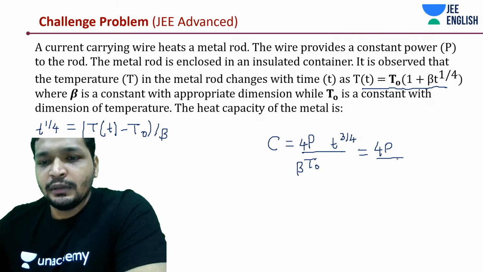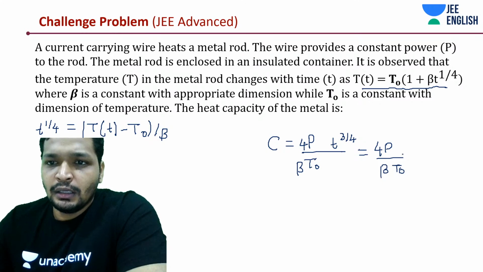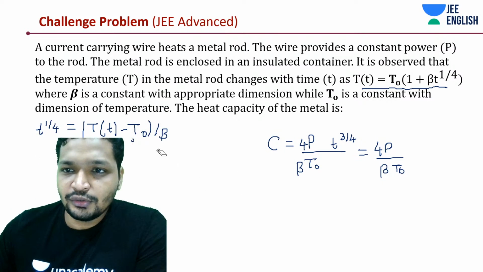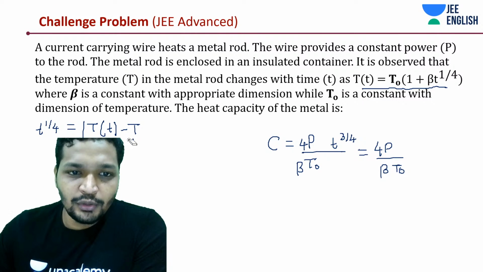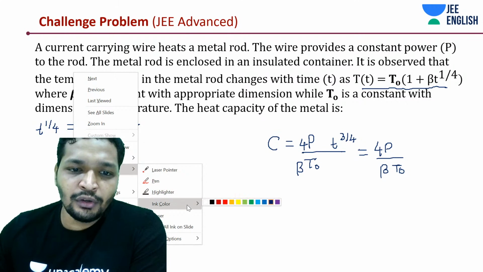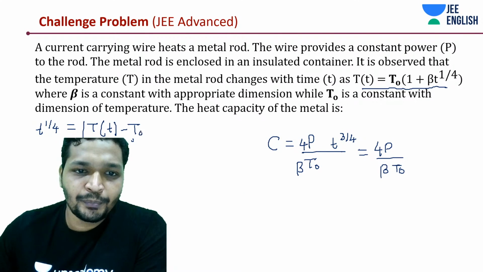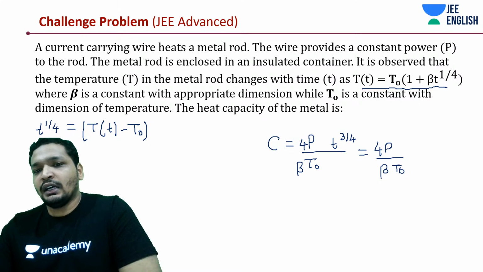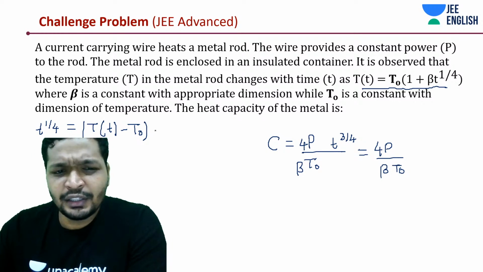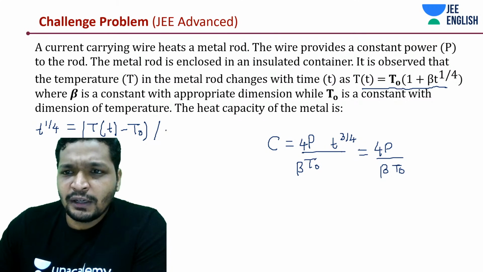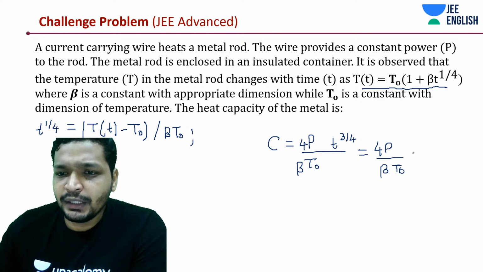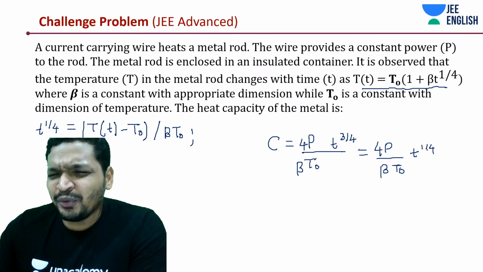This is 4P by beta T0. I'll tell you why we could have guessed things. And divided by T0 into beta. So that is also something we need to take care of. It should be T0 to the power 5 in the denominator. There should be an extra T0 power, so that is just including it earlier, and this is basically T to the 1 by 4 to the power 3.